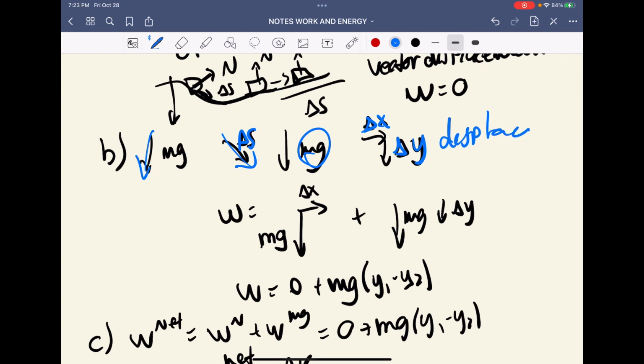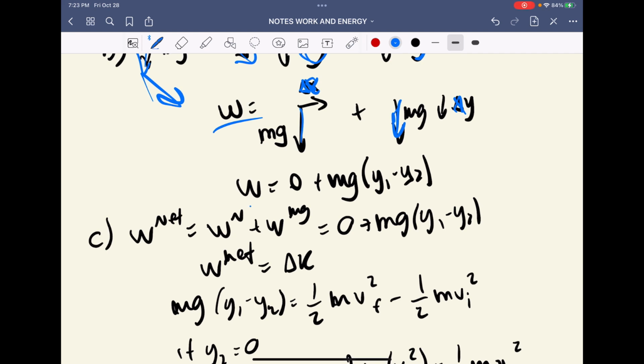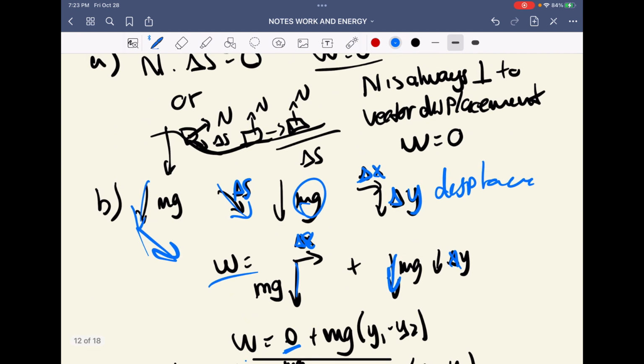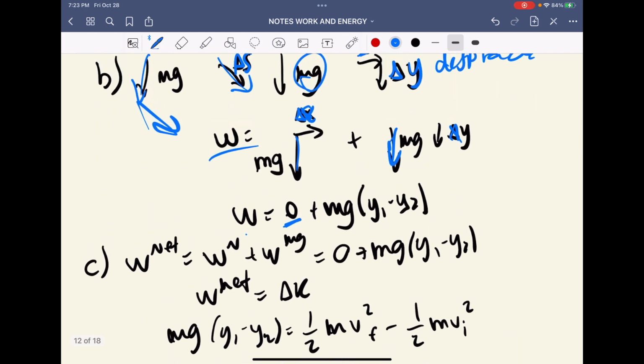That's how you calculate the displacement going in this direction here. So we have work equals mg, the force, times delta x, and then we have the delta y to deal with right here. And then work is going to be equal to 0. We already saw that the work is 0 when it comes to the x direction.